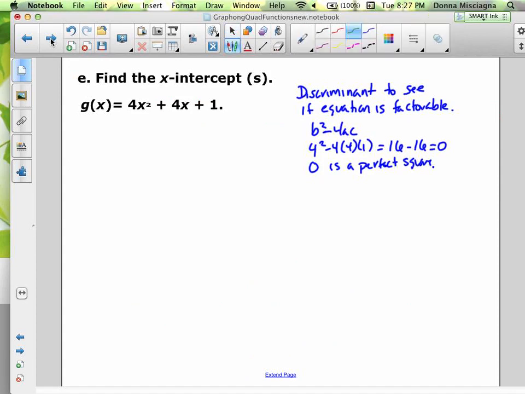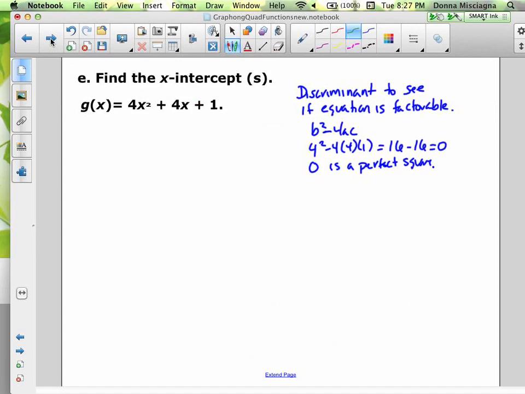So sometimes you might want to factor that, and you don't want to take the time to factor, but factoring is the easiest method. So if you're not sure, go ahead and do the discriminant. So b squared minus 4ac, 16 minus 16 is 0. 0 is a perfect square.